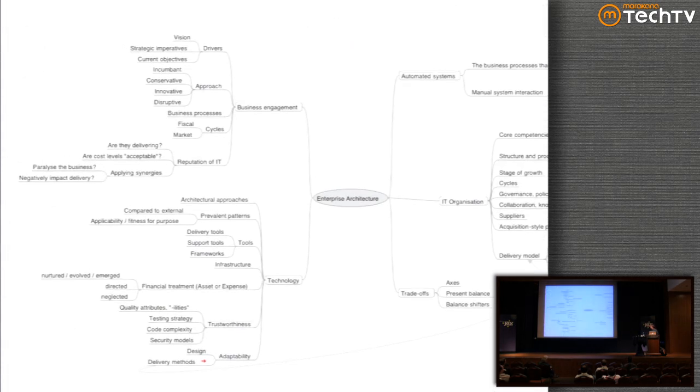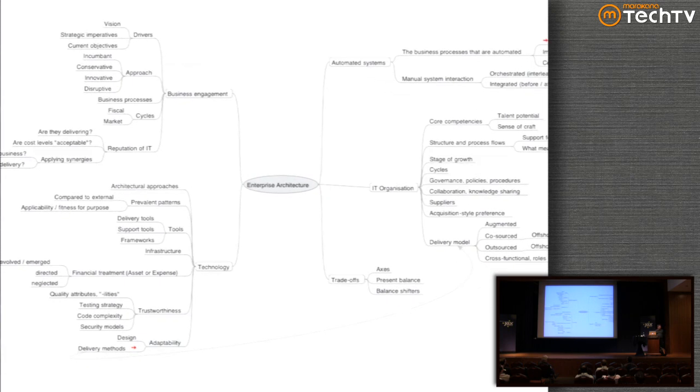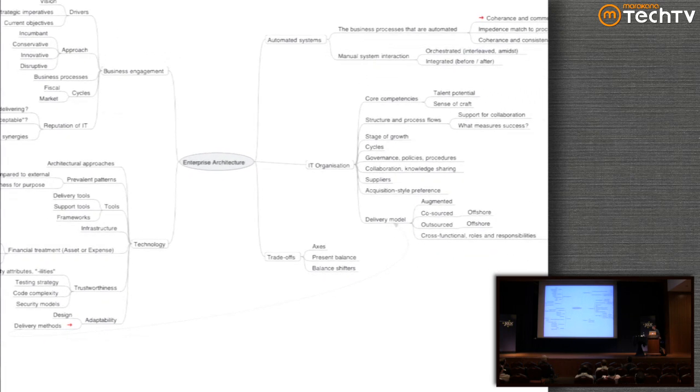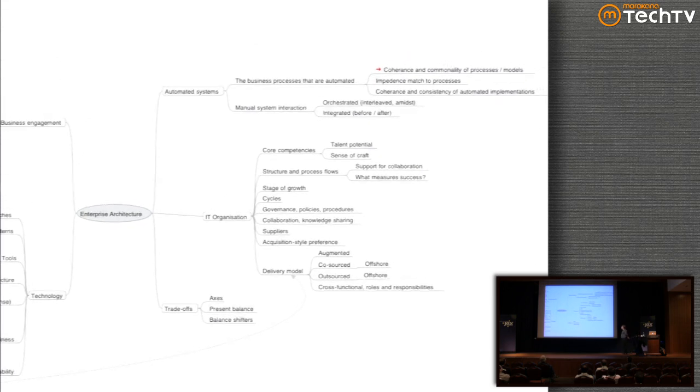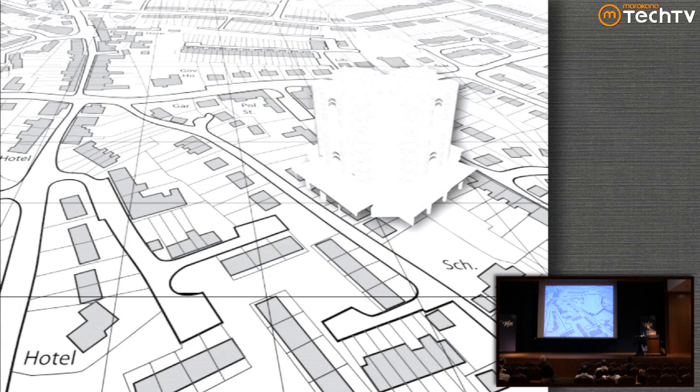If you start looking at things like enterprise architecture, one of my colleagues actually put together this mind map of all the things that enterprise architects have to think about in big enterprises, which is a huge, big thing. I'm not going to talk about any of this stuff, particularly all the political stuff that goes into this. What I really want to talk about is how we can merge this idea of enterprise architecture and application architecture in a way that solves some problems that we've had in the integration world in the past.